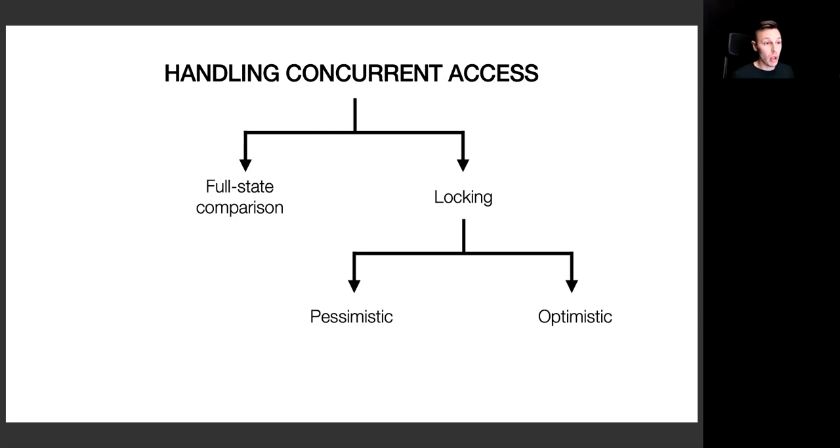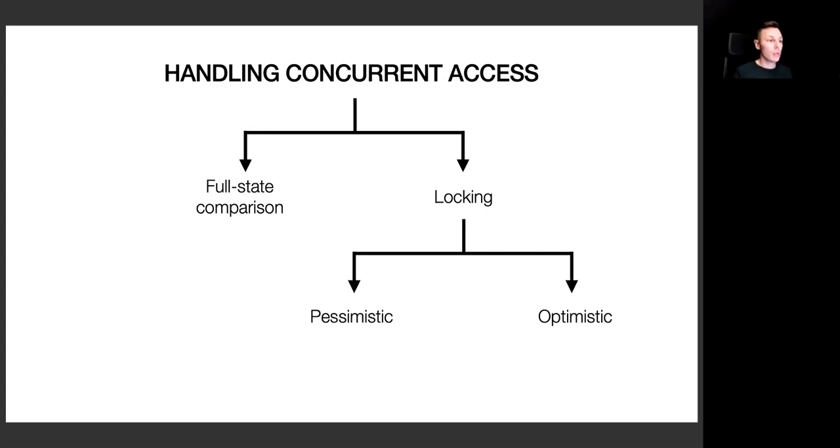Optimistic locking in general lets every client read and write data at will, with the restriction that just before committing the transaction, we need to check if the particular record has not been modified by someone else in the meantime. This is usually done by adding some version attribute or last modification timestamp attribute.